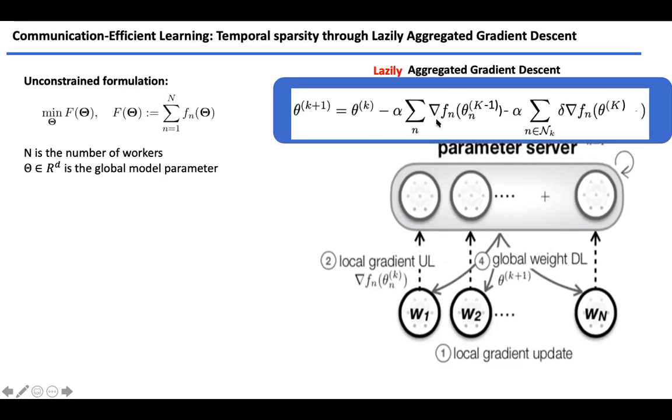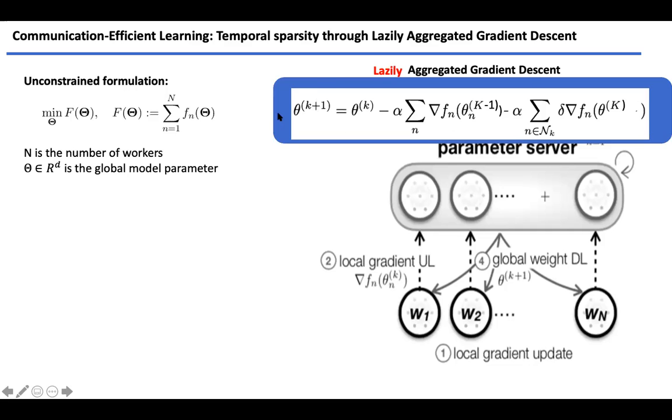So with lazily aggregated gradient descent, the paper that proposed this approach said that, in fact, not every worker needs to communicate with the parameter server at every iteration. Therefore, the global parameter theta k plus 1 is updated using the same gradient descent algorithm, but at iteration k plus 1, it uses the outdated gradient of all workers, plus the difference between that outdated gradient and the new gradient for only a subset of the workers in which the gradient has grown larger than a certain threshold we will describe later.